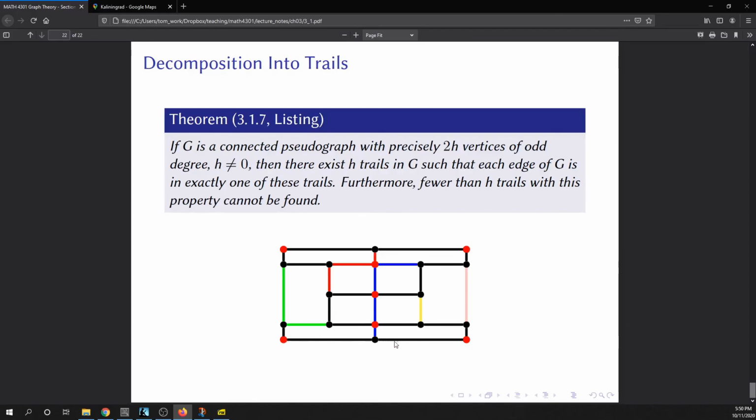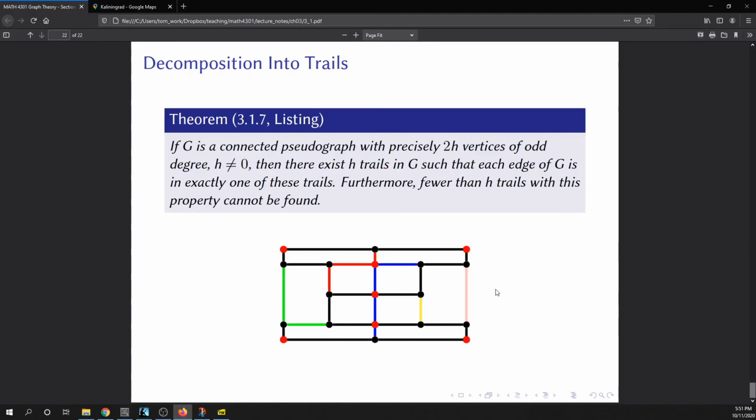I started here and wound my way up like so, and it ended there. Then I started filling in with the other trails: one in red, one in green, one in blue, one in yellow, and one in pink.